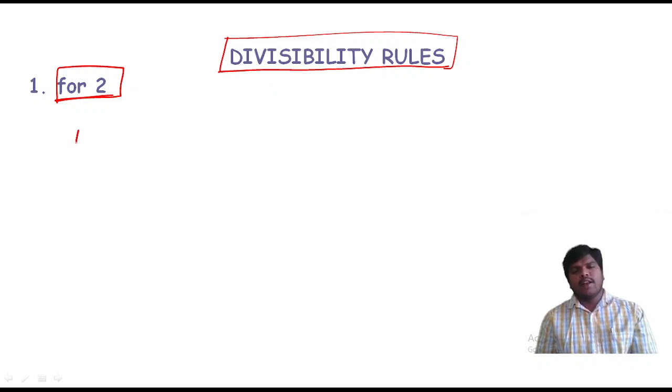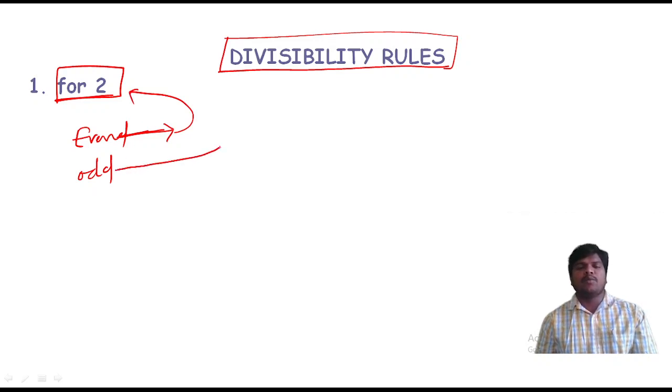We know that numbers are even numbers and odd numbers. All the even numbers are divisible by 2, and odd numbers are not divisible by 2; they leave some remainder when divided by 2.